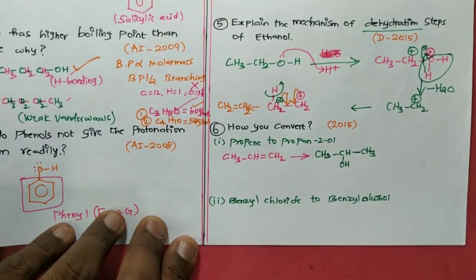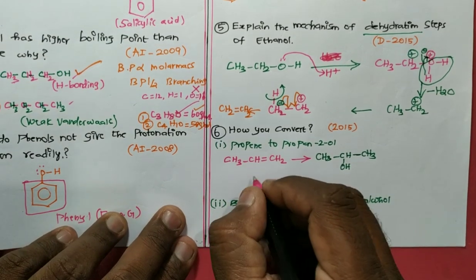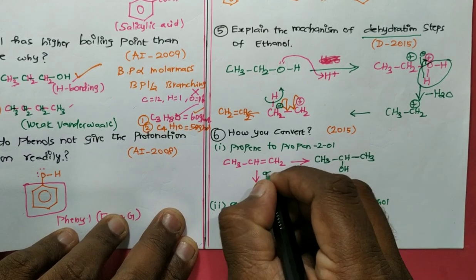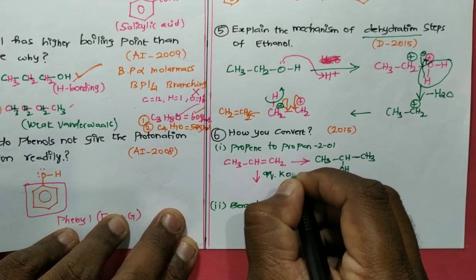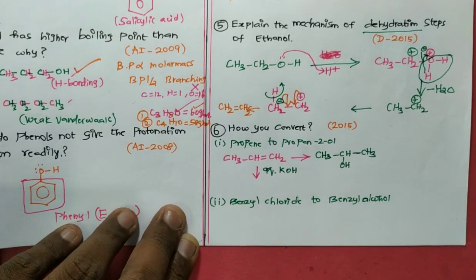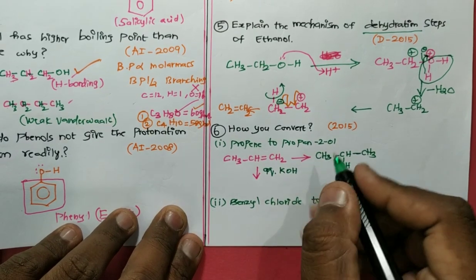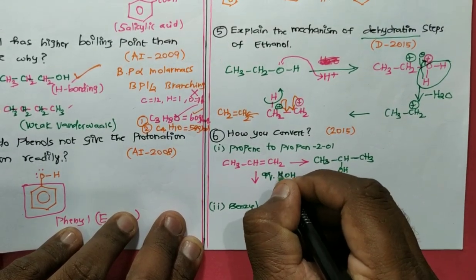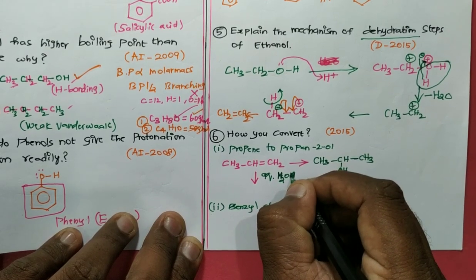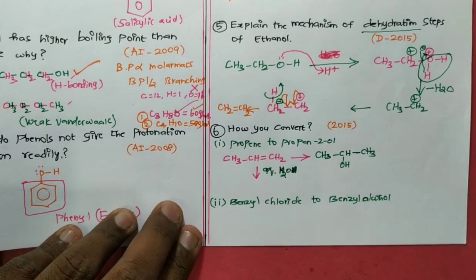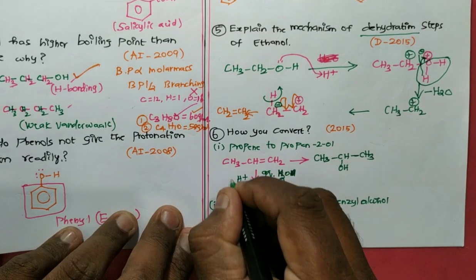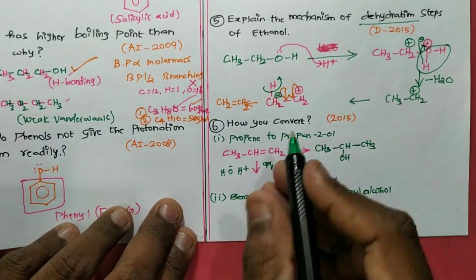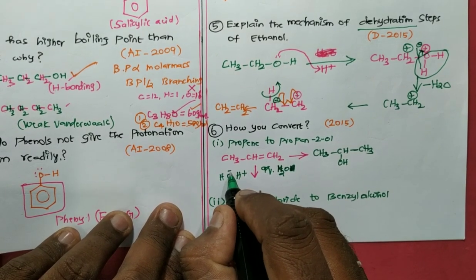How can we convert this? If propene reacts with aqueous KOH, or with water, H2O, that is H plus and OH minus, what happens now? Here we follow the Markovnikov rule.